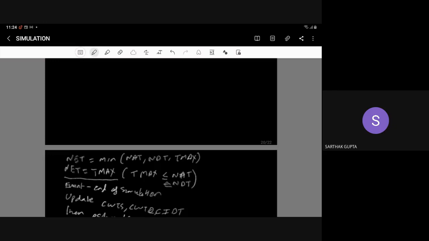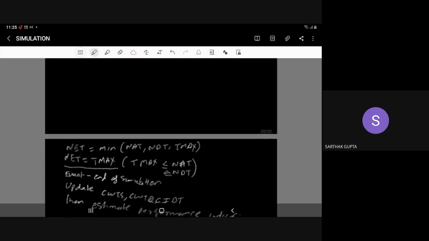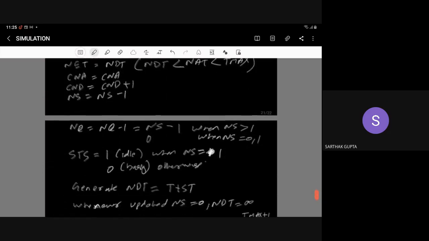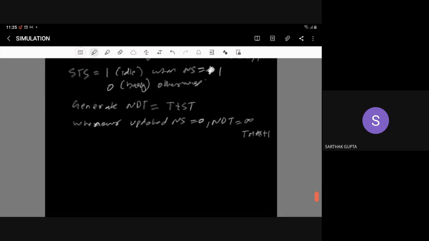When it is Tmax, it is less than or equal to NAT as well as NDT. When it is the NAT, it is less than or equal to NDT but strictly less than Tmax. When it is the NDT, it is strictly less than NAT and strictly less than Tmax. Then we say it is the NDT.